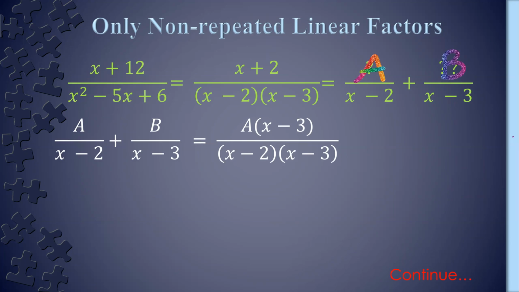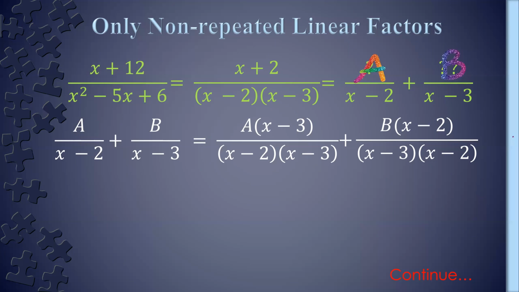So I would have to multiply the first fraction by 1, and that 1 is x minus 3 over x minus 3. And then I'm going to multiply the second fraction by 1 also to get an equivalent fraction. And that 1 is x minus 2 over x minus 2.